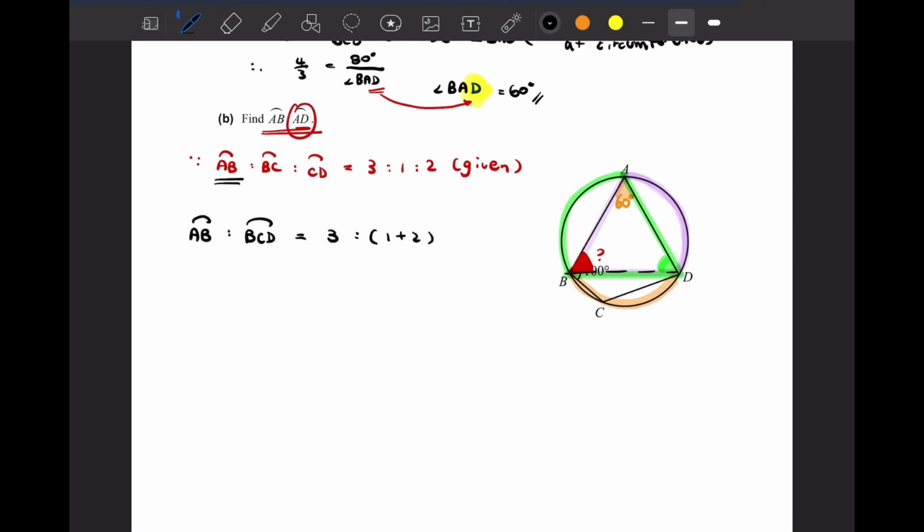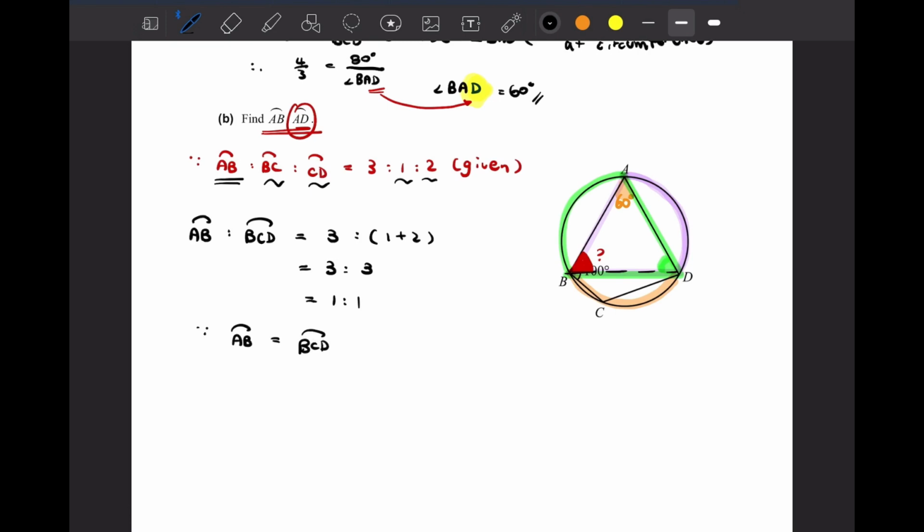So 3 to 1 plus 2, because BC to CD is actually BCD. So it's 3 to 3, and for ratio, you can simplify it by dividing the same, if both of them is 3, then you can divide the 3 together and you get 1 to 1. What does it mean by 1 to 1?